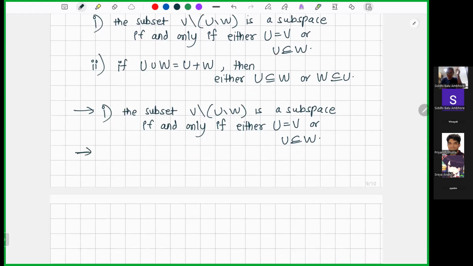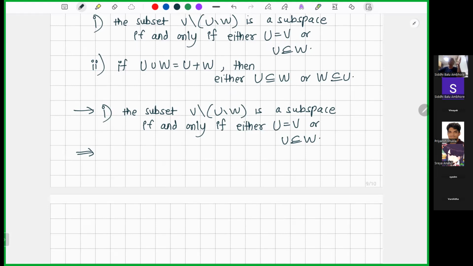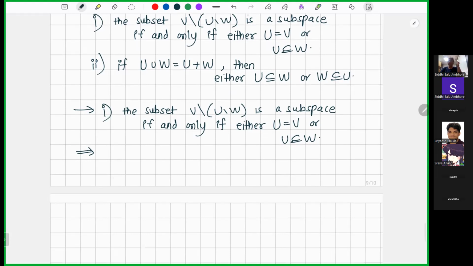When we say that if a statement P is happening, then what this statement means is that both the implications should follow. That if the subset V minus U minus W is a subspace, then either this should happen, and the other way around is also true, that whenever this happens, then this V minus U minus W is a subspace.